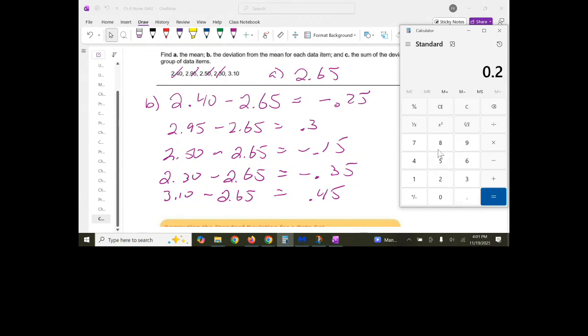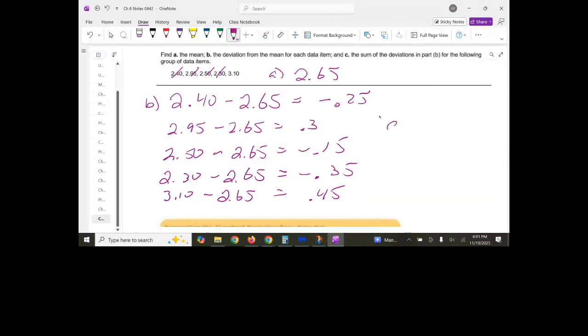So look, negative 0.25 plus 0.3 plus 0.15, but make it negative, plus 0.35, but make it negative, plus 0.45, boom, and we get 0. Part C, boom, we get 0.